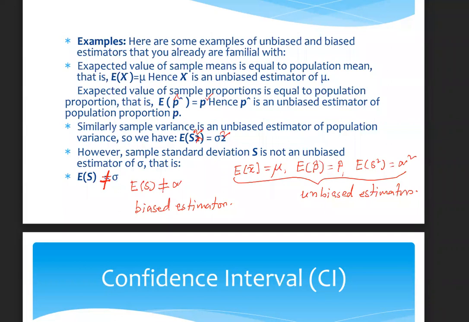And this is X bar. So I have written them down here. Expected value of X bar is equal to mu. Expected value of P hat is equal to P. Expected value of S square is equal to sigma square. PowerPoint doesn't take LaTeX very friendly, so it just came out different. But I'm writing it down here so that you have it.